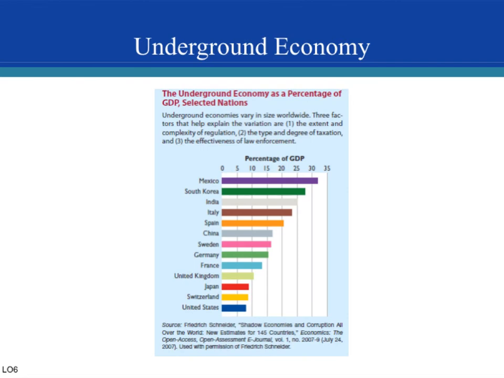Okay. If we were to try to put the underground economy into GDP, try to take into calculations illegal activities, you could see in Mexico it would be about 32% of their GDP. South Korea about 27, and you see the United States it's about 7-8%.